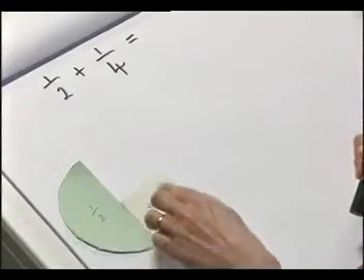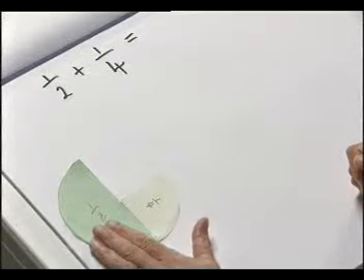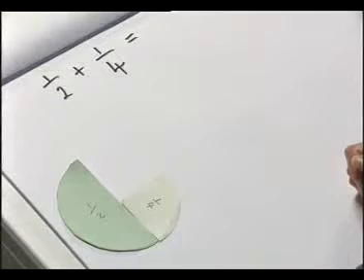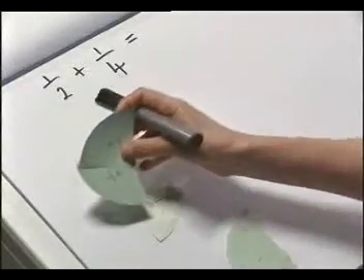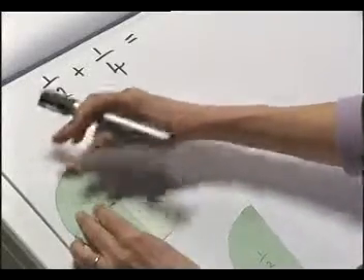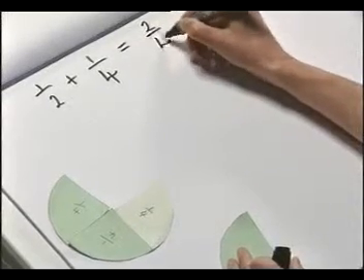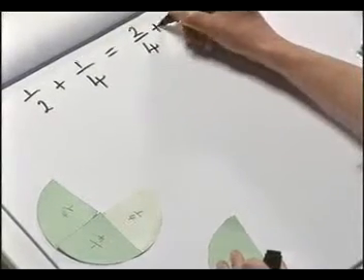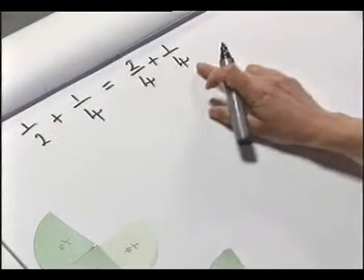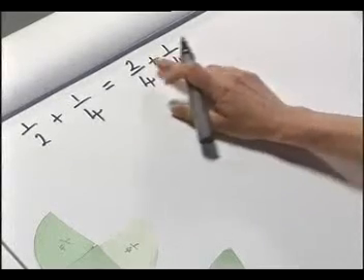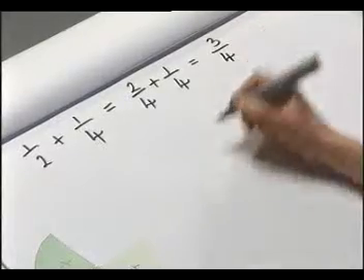How can we describe the fraction that we have? Well, we know that 1/2 is the same as 2/4. So if we change our 1/2, we find an equivalent fraction of 2/4, and then add our 1/4. We're now in the situation where the denominators are the same, so we can simply add the numerators. So we get 3/4.